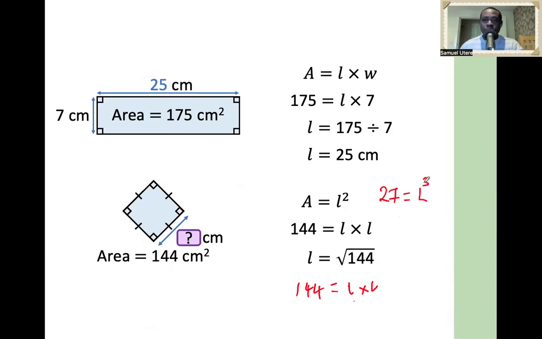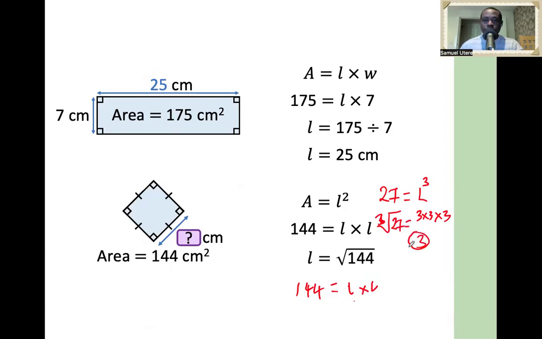So the inverse of an index is the root of that index, using the root number to get the value that you would have used to do the index. So this is a bit like saying, what number will I multiply 3 times to get 27? And that is 3 times 3 times 3, meaning the cube root of 27 is 3.